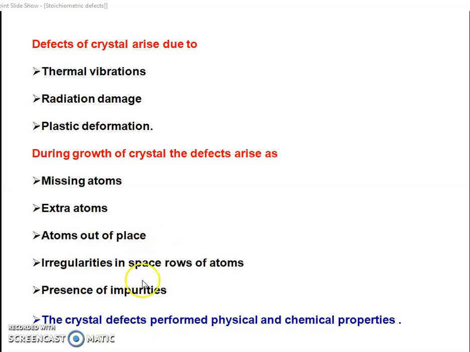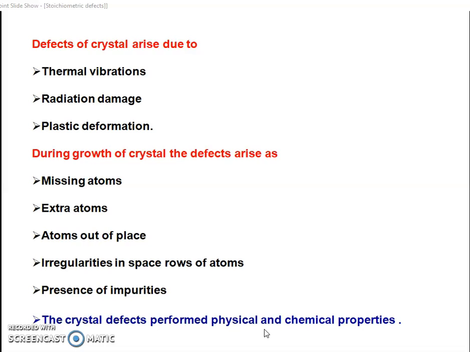Crystal defects also affect the physical as well as the chemical properties of a solid. For example, the beautiful color of many gemstones is present due to impurity atoms in the crystal structure. Ionic solids also conduct electricity by such mechanisms.